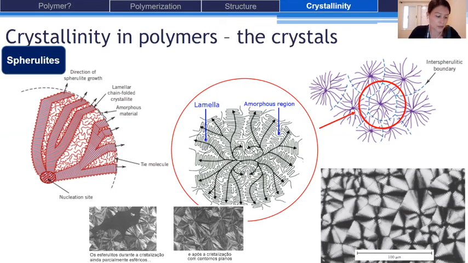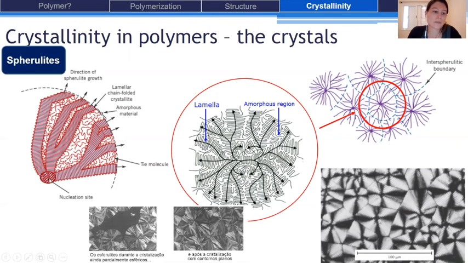And these 3D structures are called spherulites. It is a much more realistic description of semi-crystalline polymers than the chain folded model. These spherulites are formed by lamella that radiate from the center to the external part of the spherical shape.